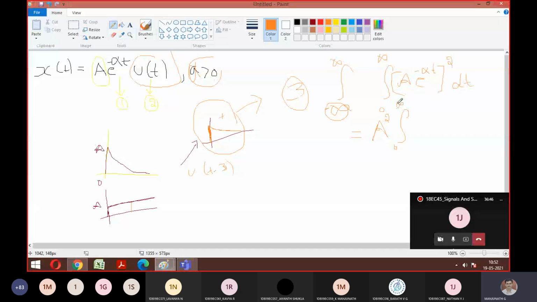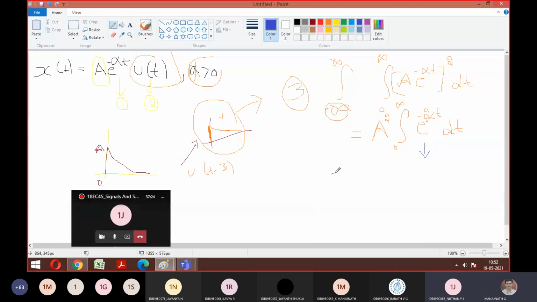So what is the integration of e power t, guys? What is the integration of e power t? I'm asking. We should write e power minus 2 alpha t by minus 2 alpha. No, sir, in general, e power t means e power t by t. Agree? In general, the formula is e power t by t.